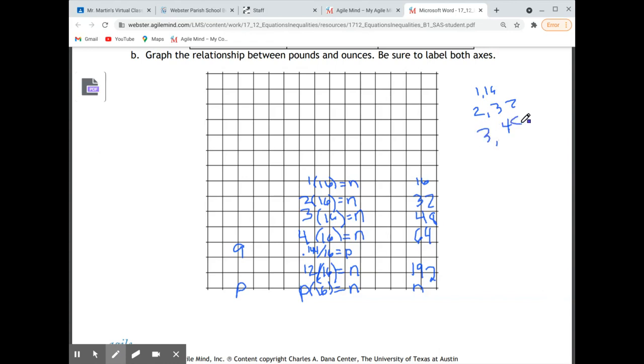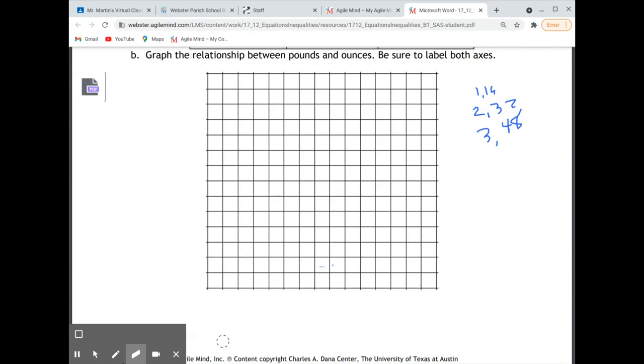I'm just going to do those due to time. P would be our X. That's right. So P is going to be our pounds, and N was our ounces.